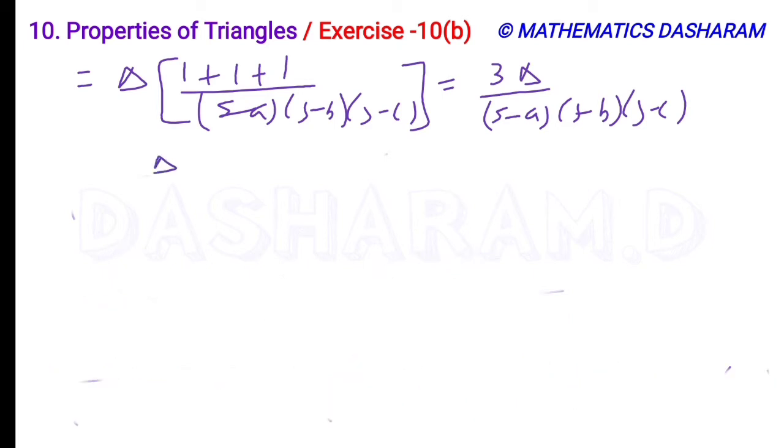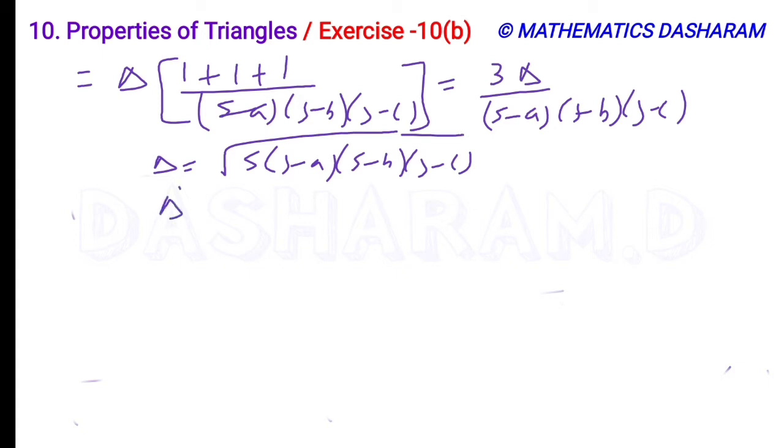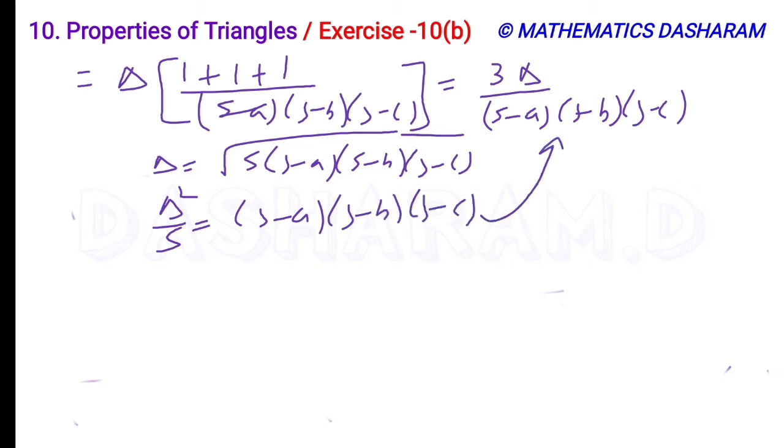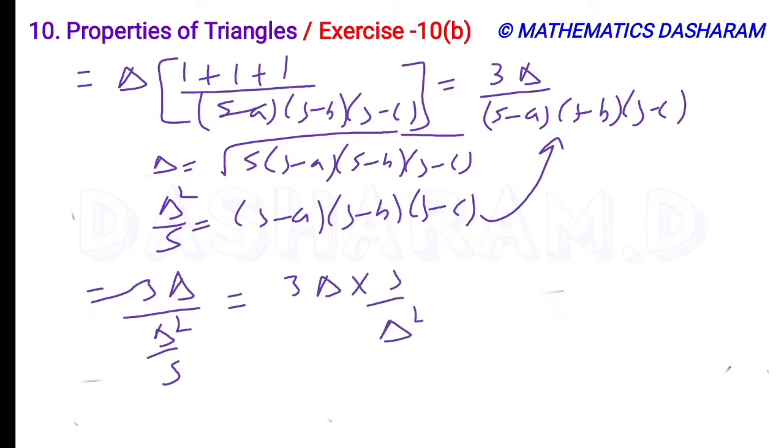So actually the delta formula is under root s into s minus a into s minus b into s minus c by Heron's formula. From this, delta square divided by s equals s minus a into s minus b into s minus c. So substitute this value here. So 3 delta divided by delta square divided by s. So it is equal to 3 delta into s by delta square.